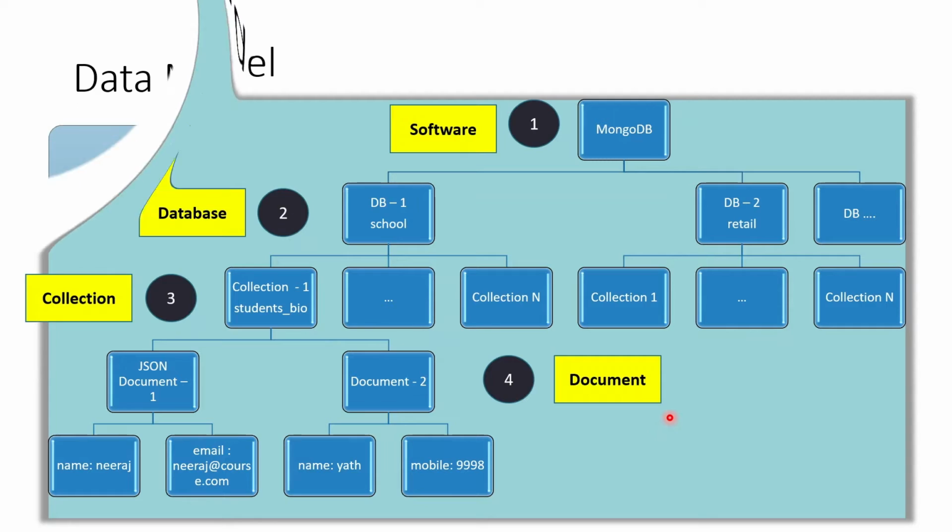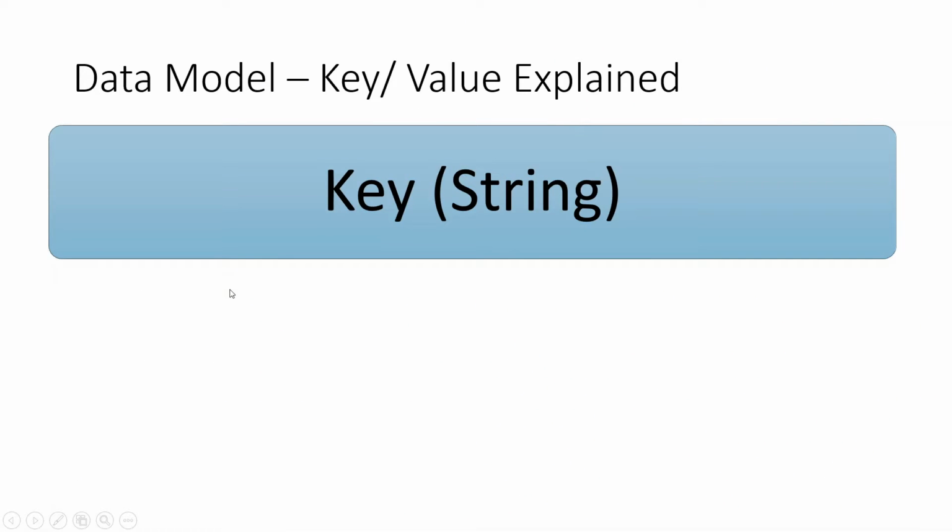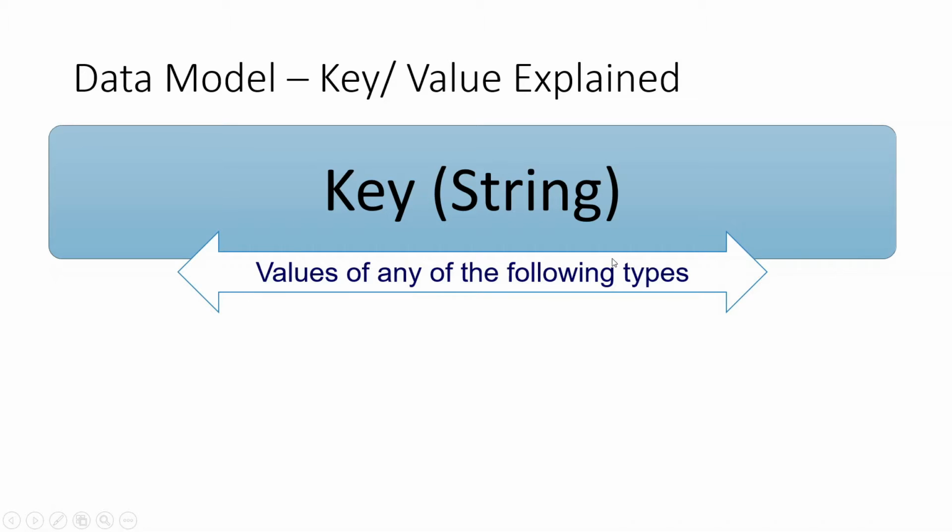Let us move further. Here let us see a step further, how these key value pairs are defined and how they are associated with each other. We have a key, like we have seen in previous slides: name is a key, email is a key, mobile is a key. Those are examples of keys. Now what could the values be? A key can be a string data type.